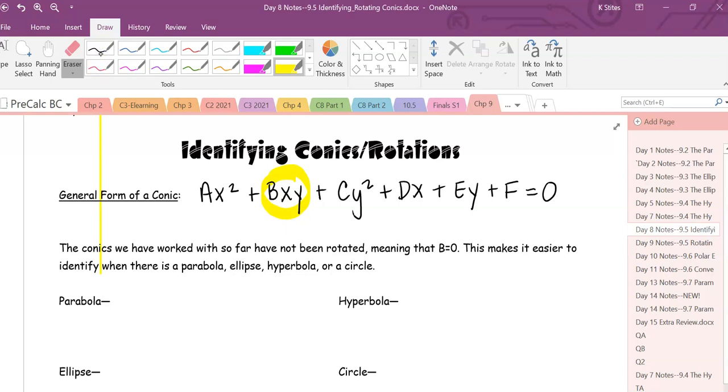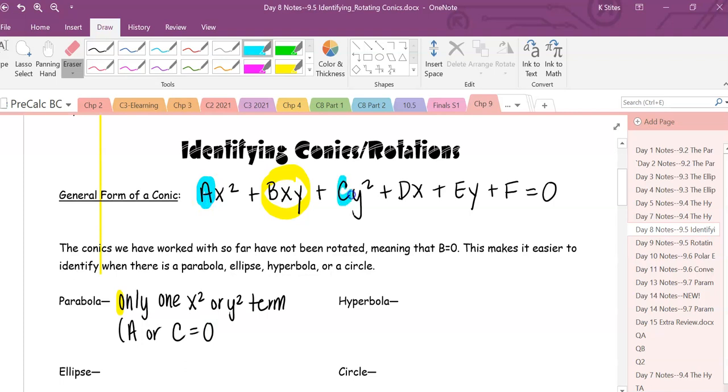If we have a parabola, that means that we have only one x squared or y squared term, which essentially means that a or c is equal to 0. So one of these is 0, which means that either the x squared or y squared has canceled.